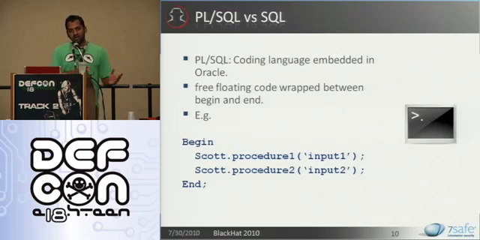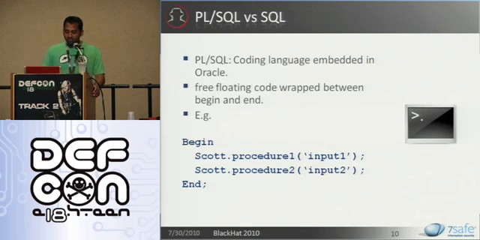Okay, so that was hacking Oracle from networks, which has been very well documented. Now, when it comes to exploiting SQL injections against Oracle database, it's important to understand that in Oracle there are two classes of this vulnerability, if I may say so. That's because Oracle has two coding languages: PL/SQL and SQL. PL/SQL is one coding language embedded in Oracle, which is really powerful.